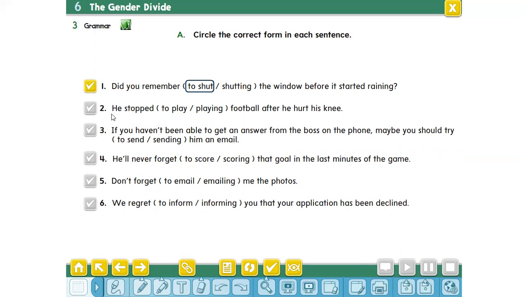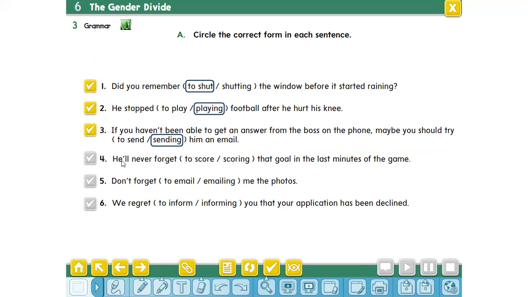Number 2, he stopped, very good, he stopped playing football after he hurt his knee. Number 3, if you haven't been able to get an answer from the boss on the phone, maybe you should try. Perfect, try sending him an email.